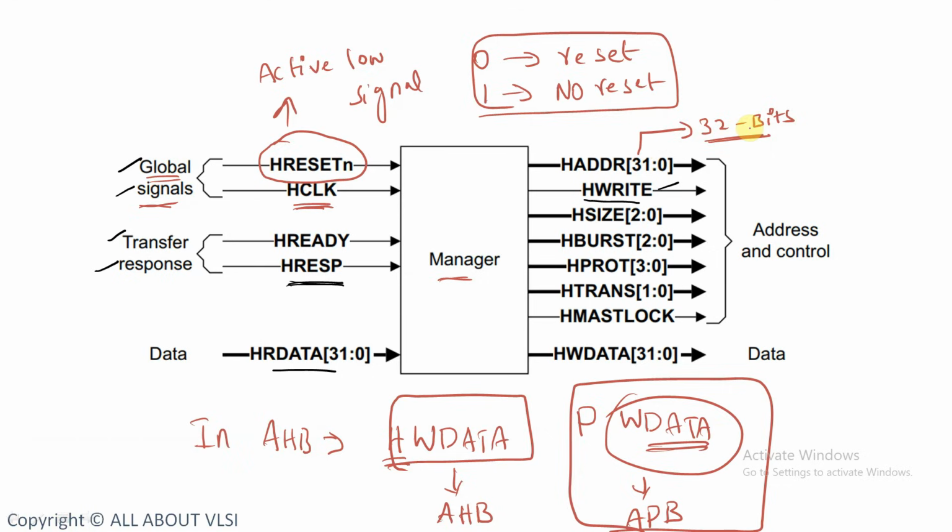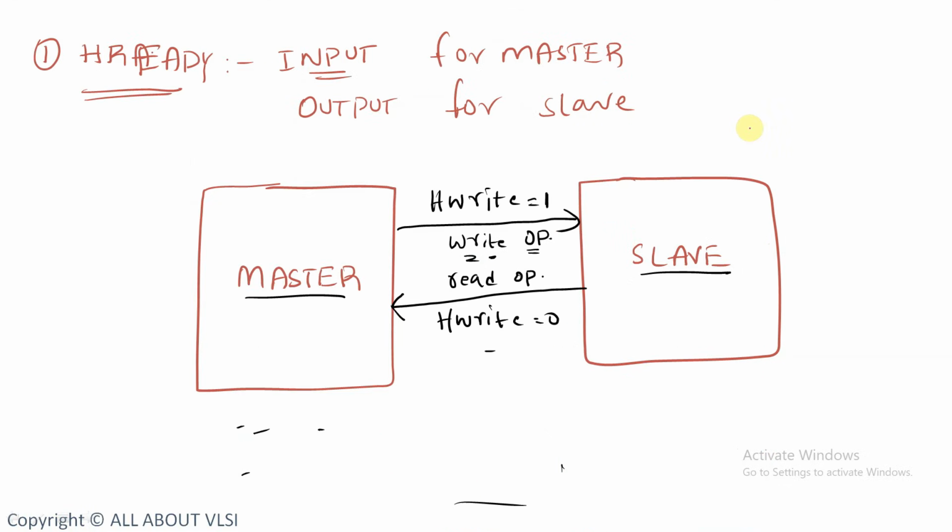So why are we going to use this HAddress? This HAddress is output to your master. The first use case of this HAddress, which we have seen previously, is for selecting your slave. If we have multiple slaves, for choosing one particular slave we are going to use this HAddress.